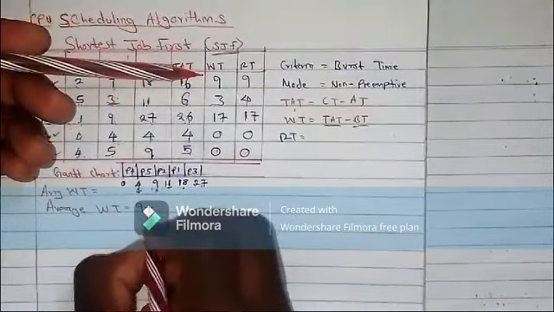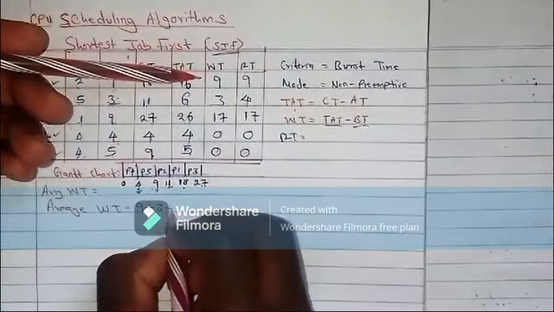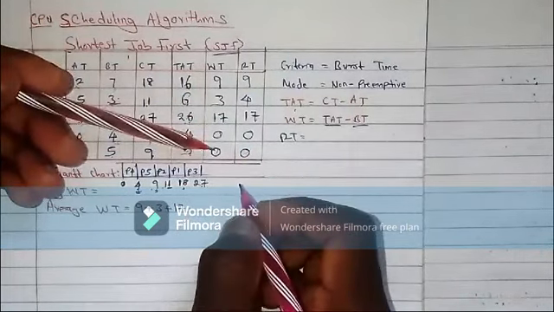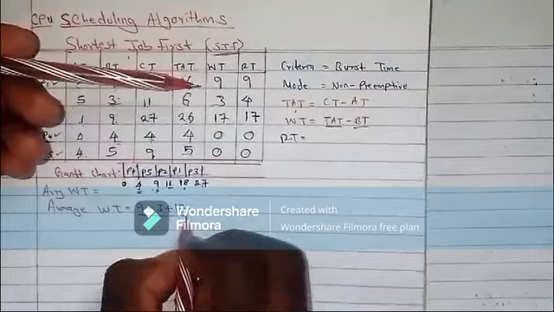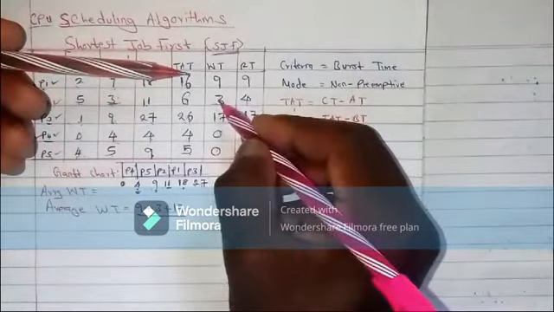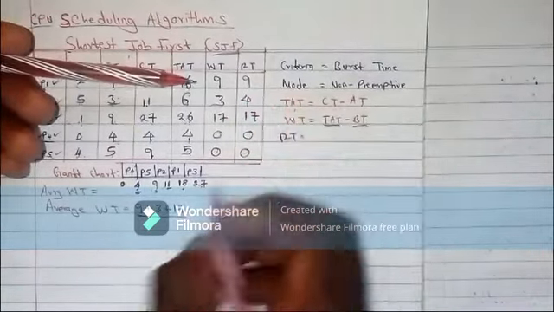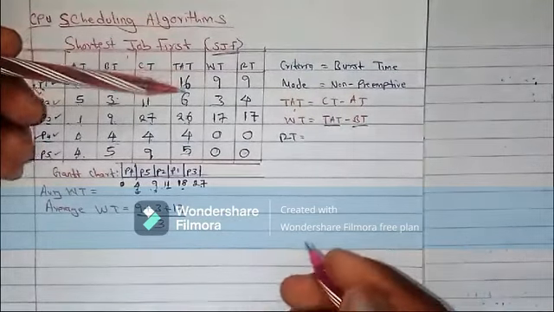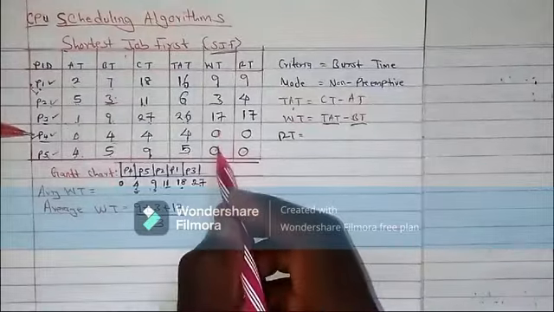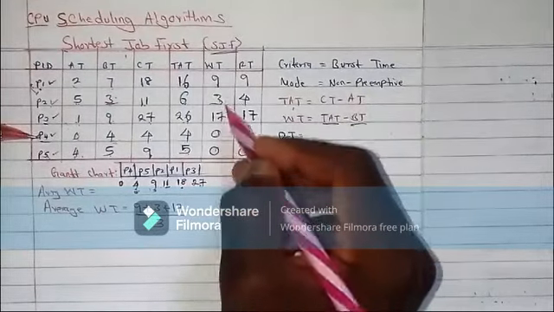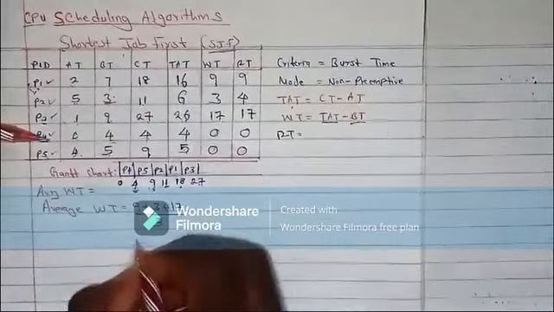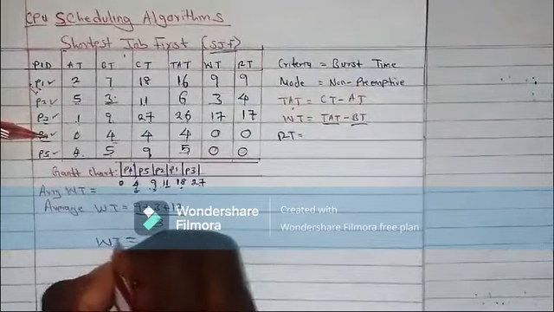Get 9 plus 3 plus 17, and then the others are 0, so just leave them. Divide by, how many are they? 1, 2, 3. Divide by 3. 17 plus 3 plus 9, divide by 3.